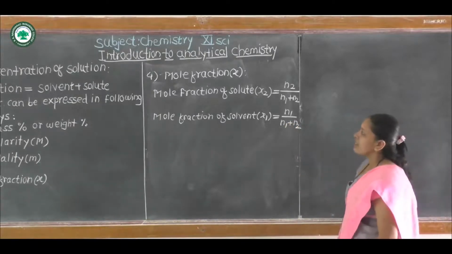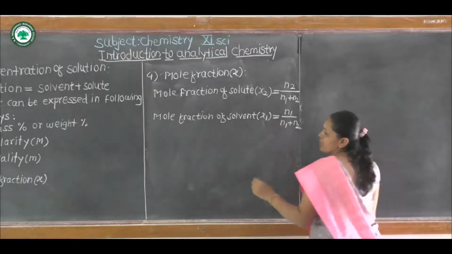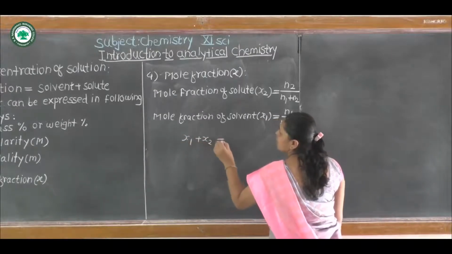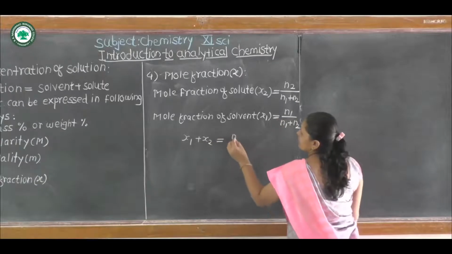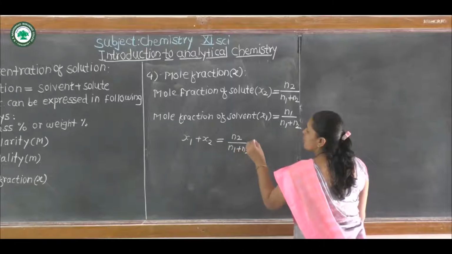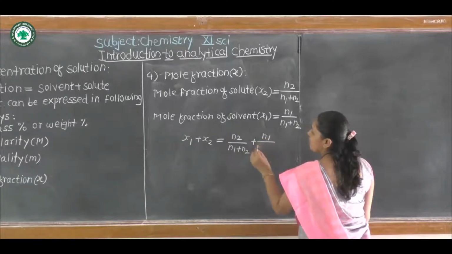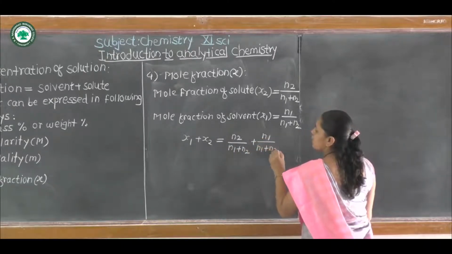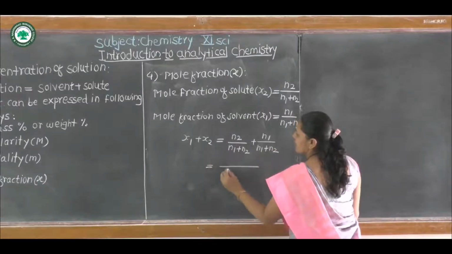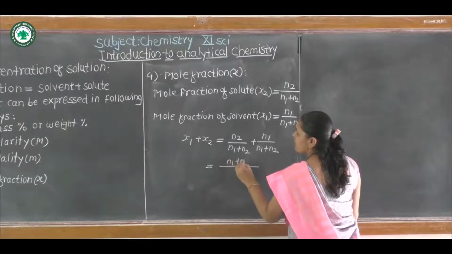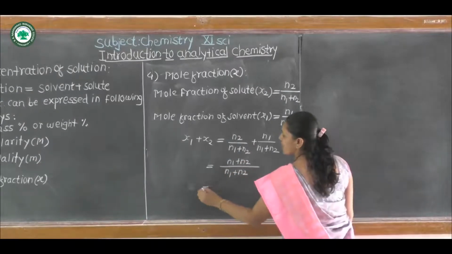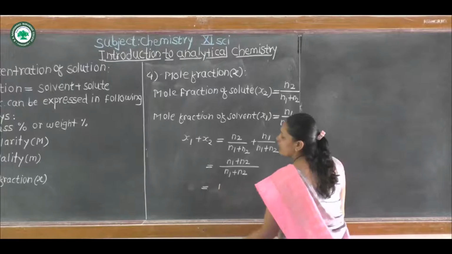If we add X1 plus X2, it is equal to N2 upon N1 plus N2, plus N1 upon N1 plus N2, and this sum is N1 plus N2 divided by N1 plus N2, which is equal to 1.